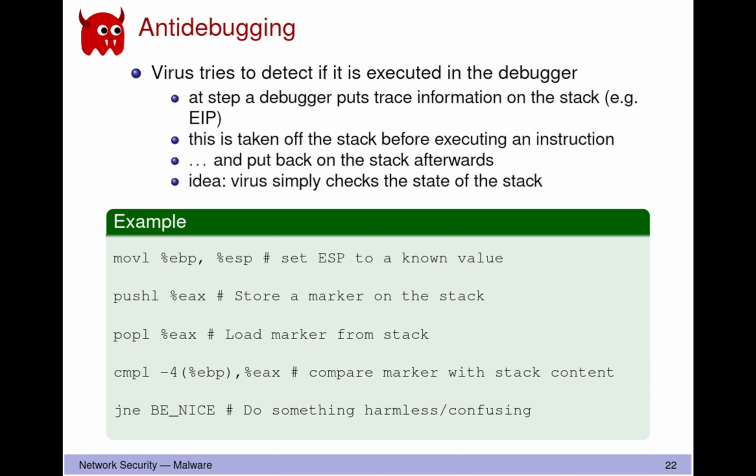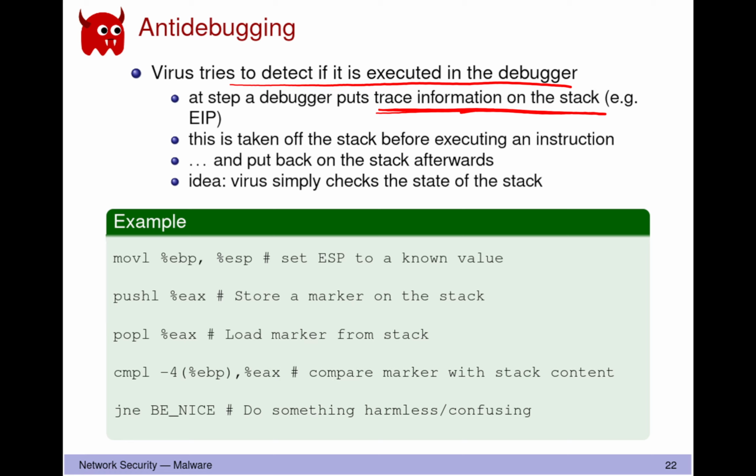Yeah, that's basically it. I will not go too much into detail. What it does is, how can it detect it? It tries to detect whether it's executed in a debugger. It puts trace information on the stack, basically to have a look. This is some kind of information that should remain if no debugger is in use, and if a debugger is in use, it should be modified.